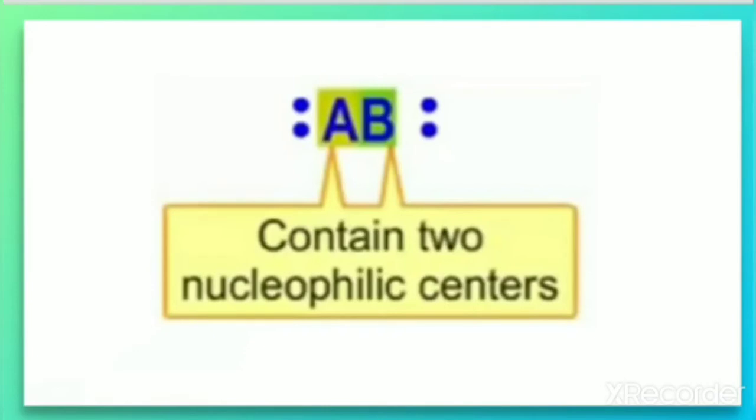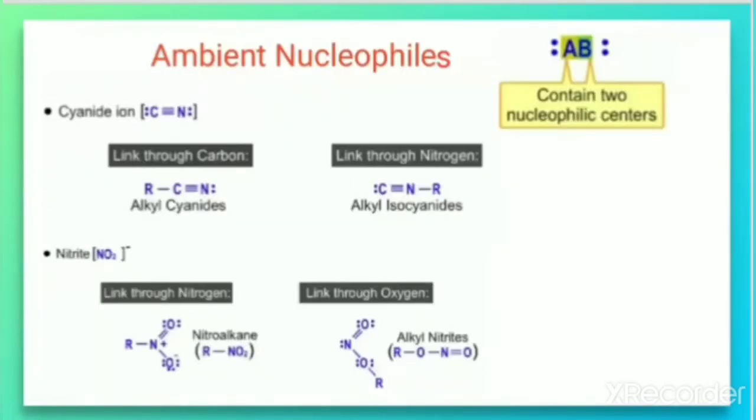So we can say that such types of nucleophile which have two nucleophilic centers are called ambident nucleophiles. Good examples for ambident nucleophiles are cyanide ion and nitrite ion.